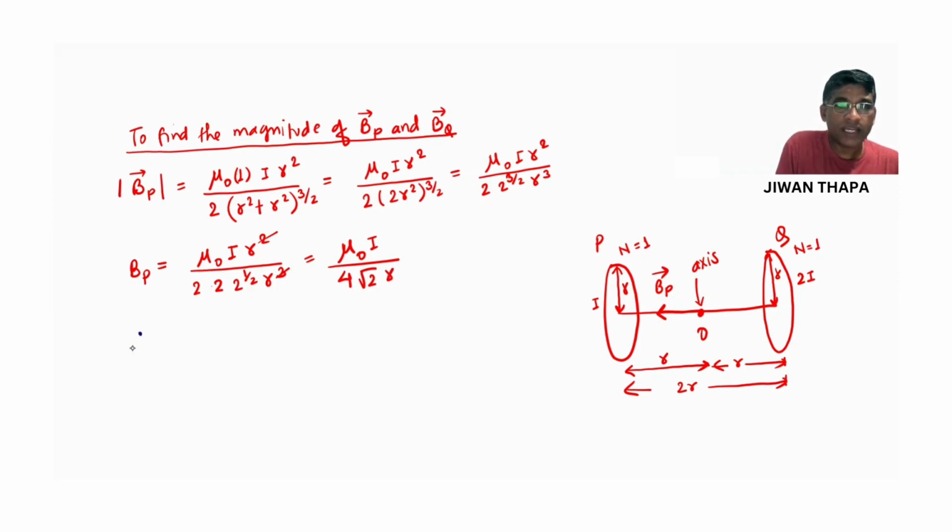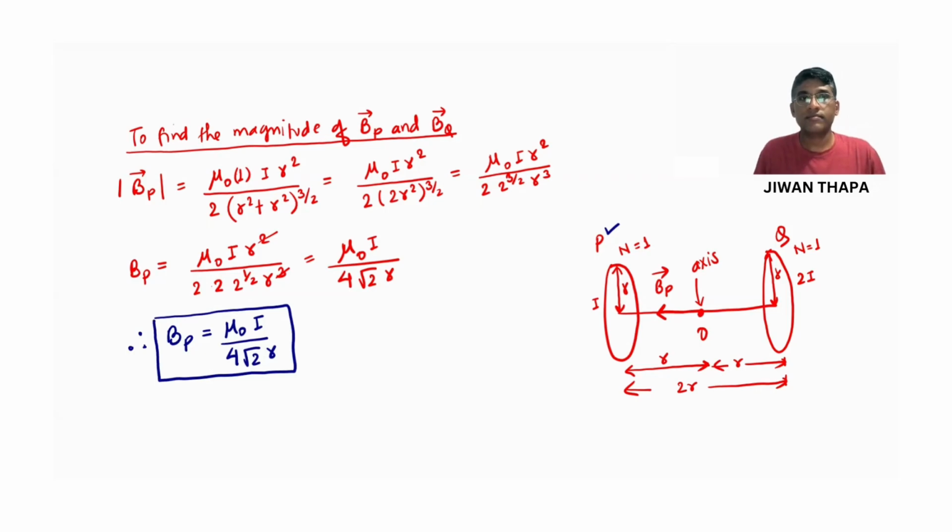Therefore, we can write, okay, magnitude of magnetic field at point O due to coil P carrying current I equals mu naught I by 4 under root 2 R. So we have this.